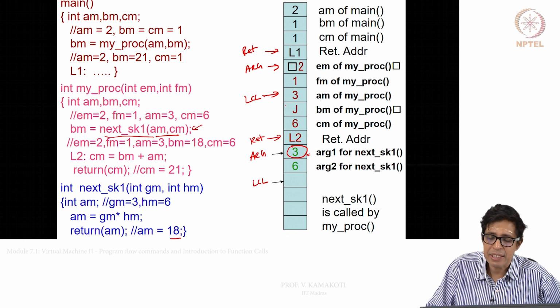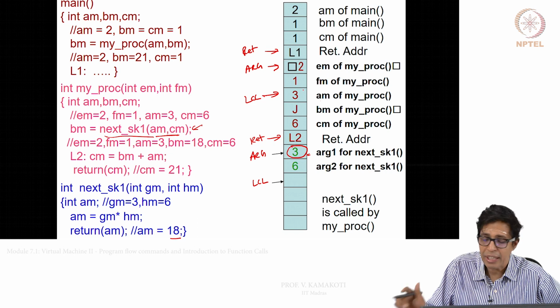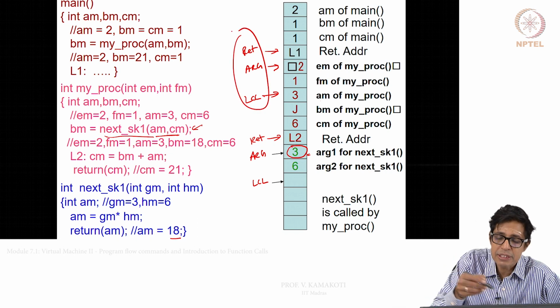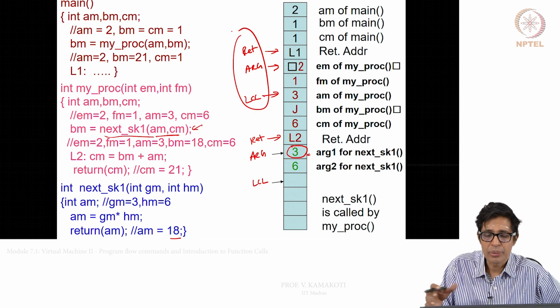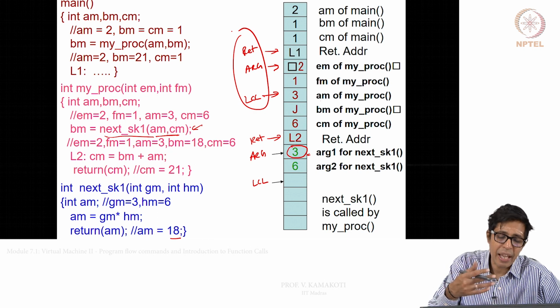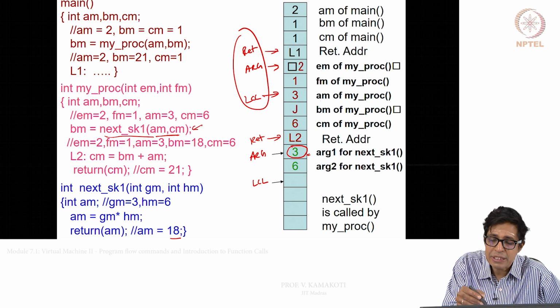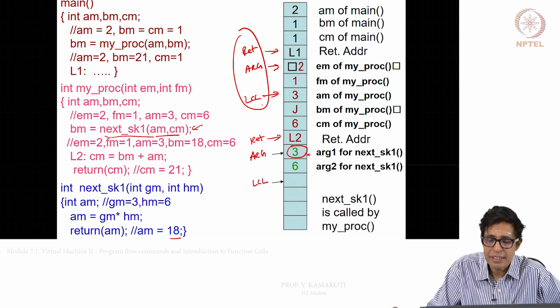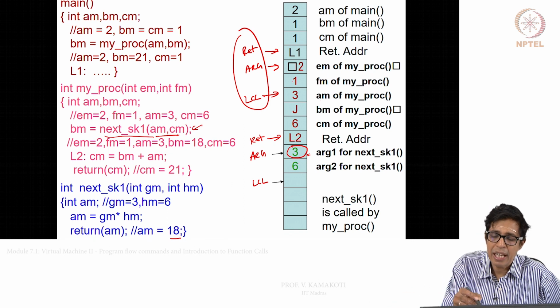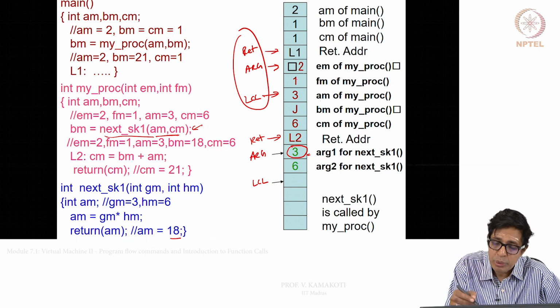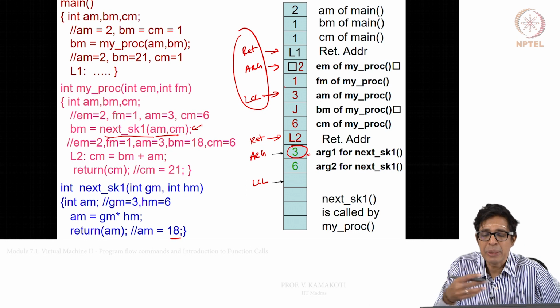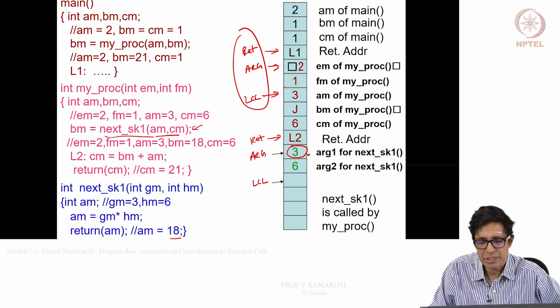Now when myproc starts executing, your return address, your ARG and LCL should now point to this. So I need to go back to this stage, right. Because I will start executing myproc, I need to go back to this return, ARG and LCL, right, because I may be using the argument again, but when I am using it for myproc, I have to point to that. So this is basically called the context of your system.